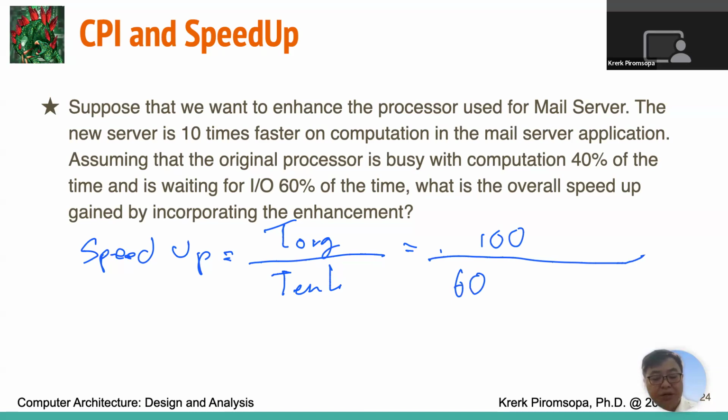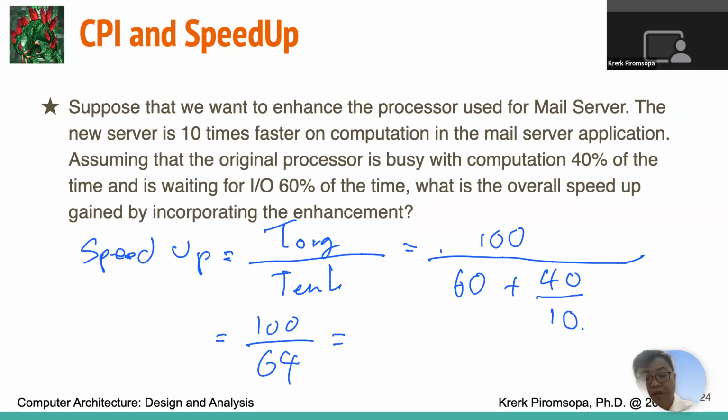60% that we do nothing, plus 40% that we can make 10 times faster. Right? So what do we get? It's 100 over 64. You do the math. Calculate. Yes, the answer is actually this simple.